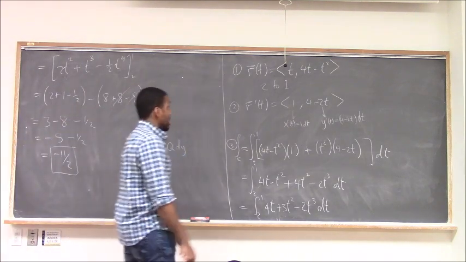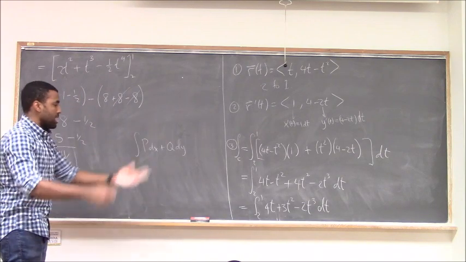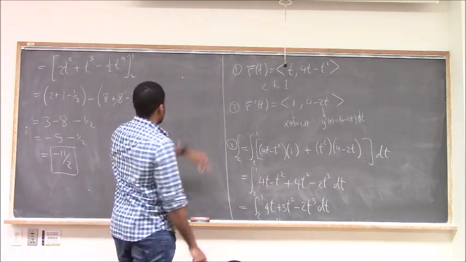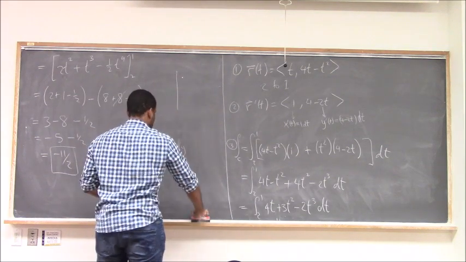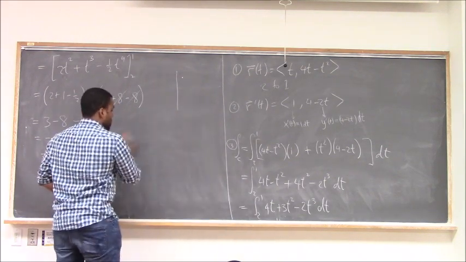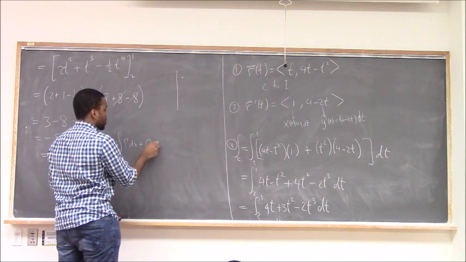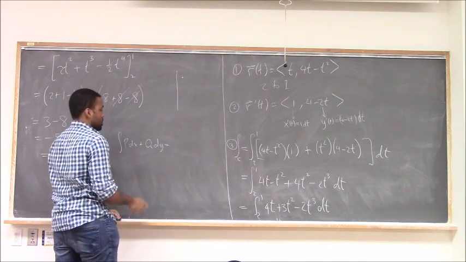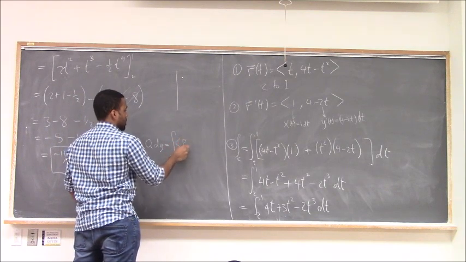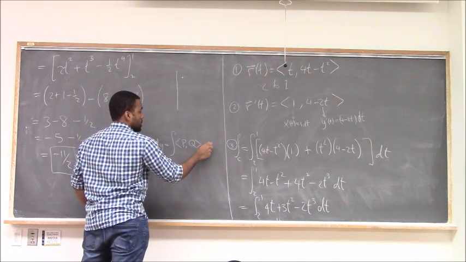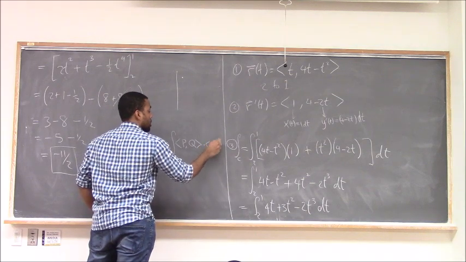What you can think of is, and it's something I'll talk about later, but what was our curve? It was a parabola. So you can think of P dx plus Q dy as something like this: the dot product of (P, Q) with (dx, dy).